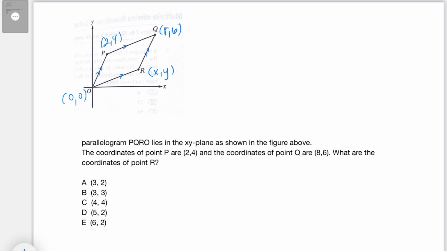And we can use that information to our advantage because parallel lines have the same slope. And the slope formula is going to use the X and Y coordinates of a point. So we should be able to create an equation or two equations that will let us solve for X and Y.